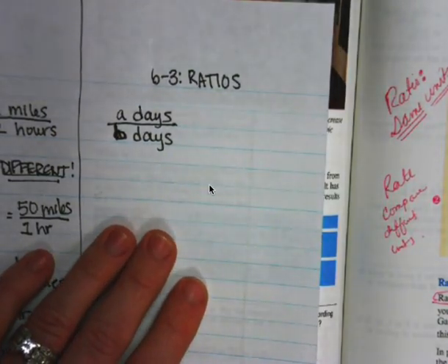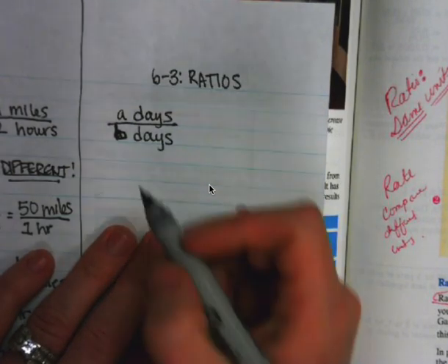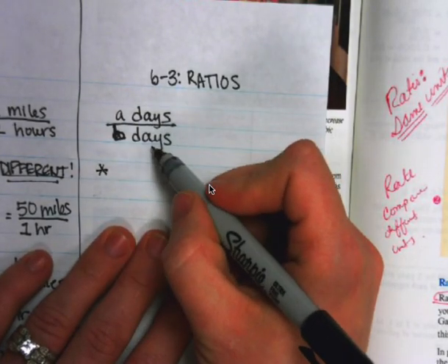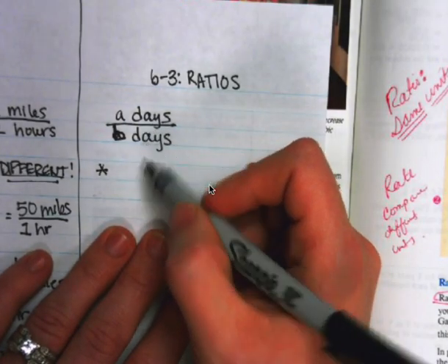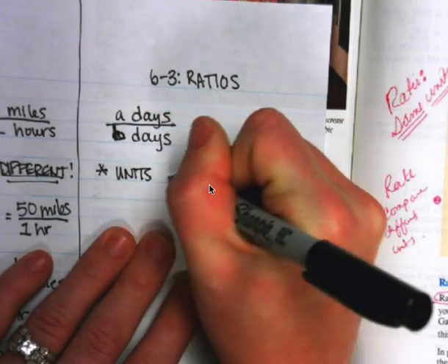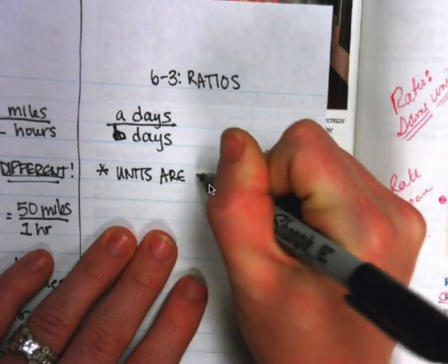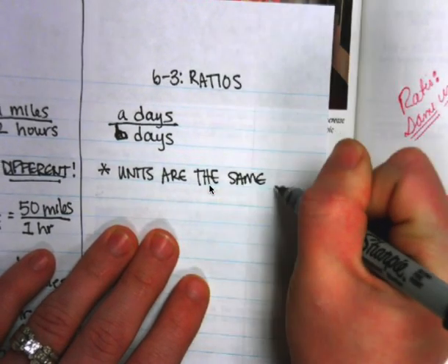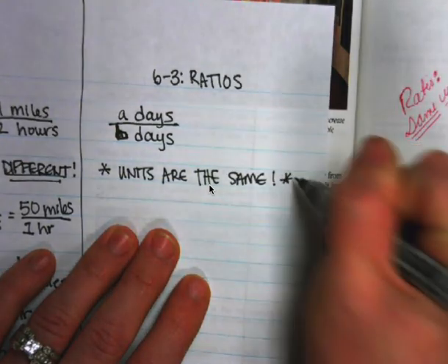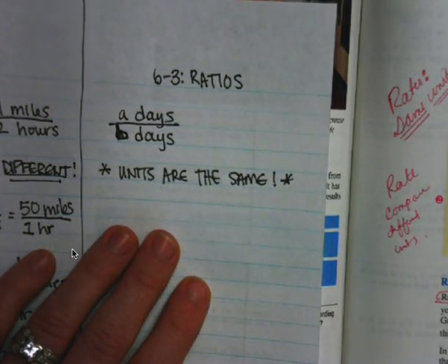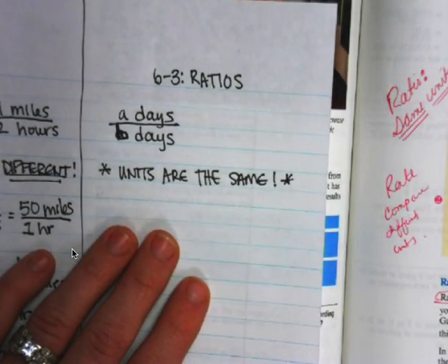I'm comparing two of these same things. So the big idea with ratios is I'm still making that comparison, days per days, but the units are the same. So that's one of the main differences between rates and ratios. The units are the same.